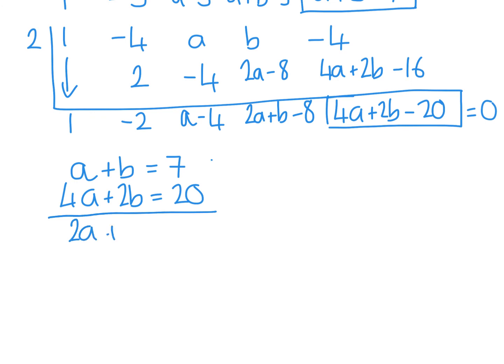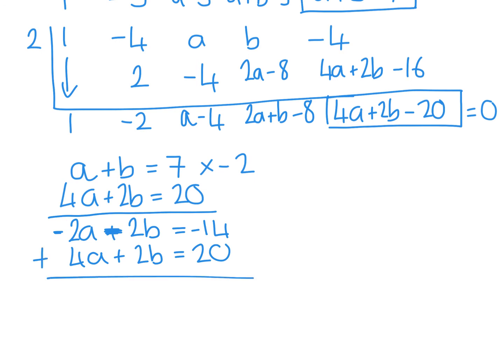Now actually I should probably times this one through by a negative. If you're one of my pupils, you're probably used to always having the middle ones being a plus and a minus. So let me just change that a wee bit. So this is going to become negative 2a, negative 2b, and negative 14. And the bottom will stay as it was.